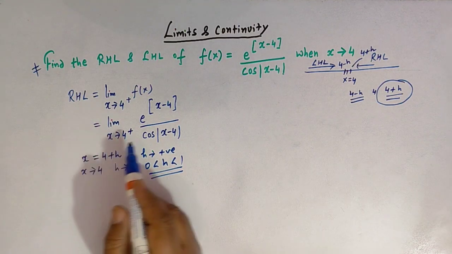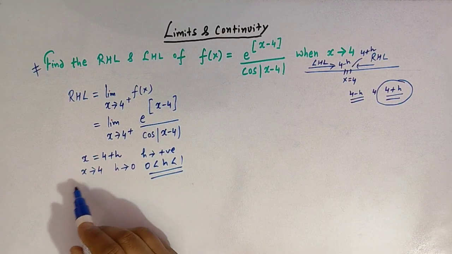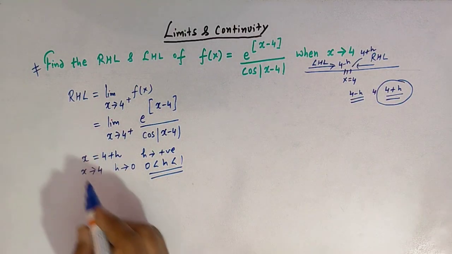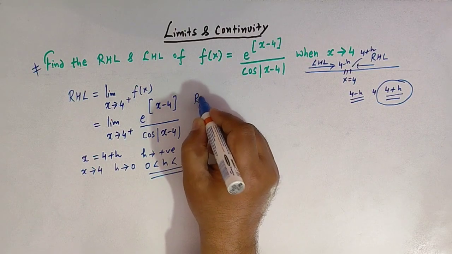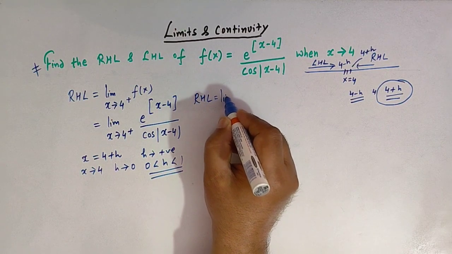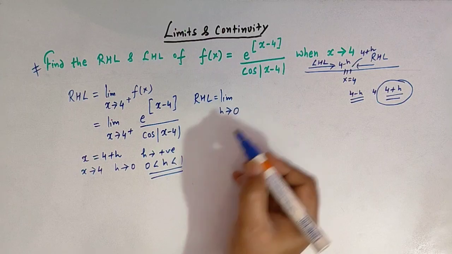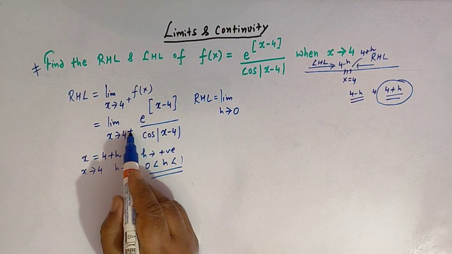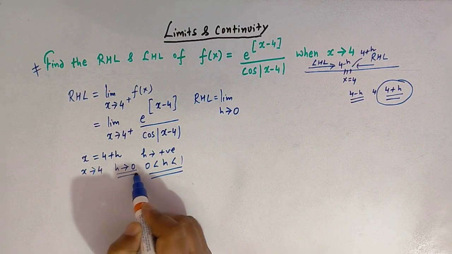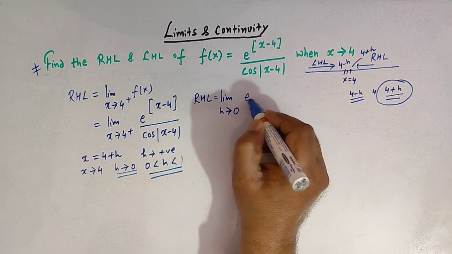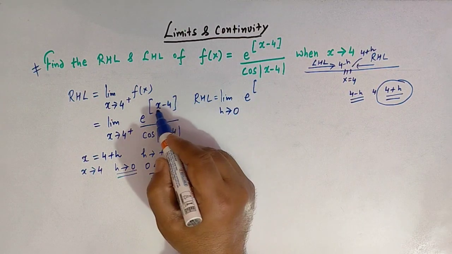So now if we convert this limit in terms of h, then we can now write the right hand limit as the limit h tends to 0. Now for x tends to 4 plus, we can now write h tends to 0, and we have e raised to greatest integer of x minus 4.